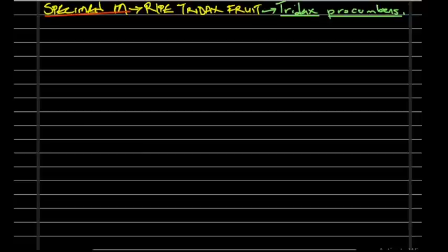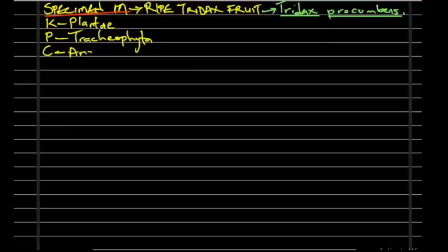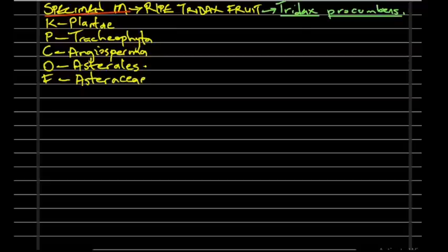So looking at the classification first. It belongs to the kingdom Plantae. The phylum or division is Tracheophyta. We have the class to be Angiosperma, the order to be Asterales, and the family, it belongs to the Asteraceae.